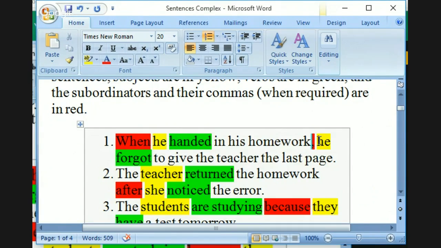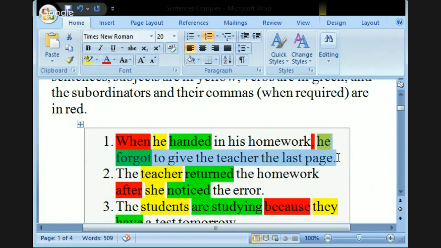And now the second part, I have my independent clause, my simple sentence: "He forgot to give the teacher the last page." Independent because it has a subject and verb and it makes sense. It's understandable by itself.